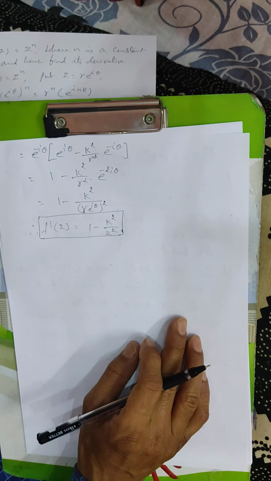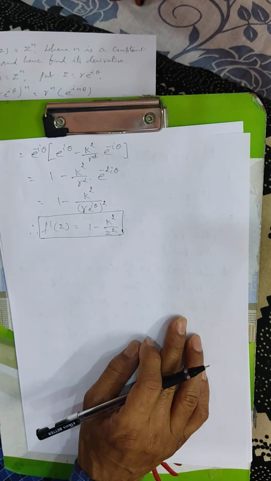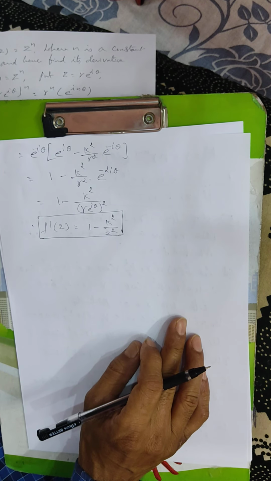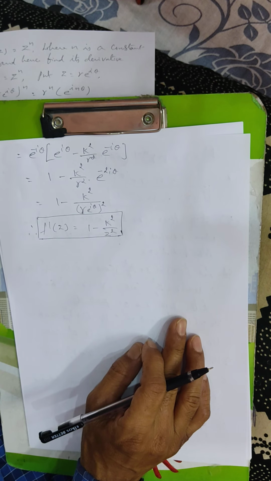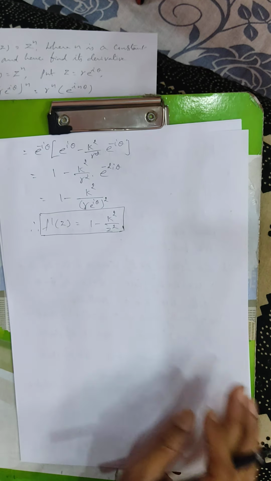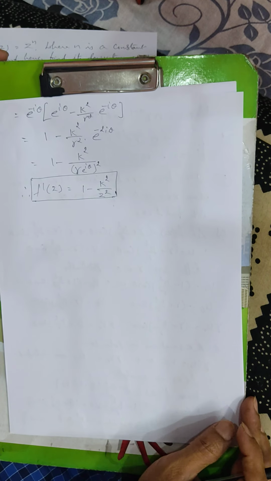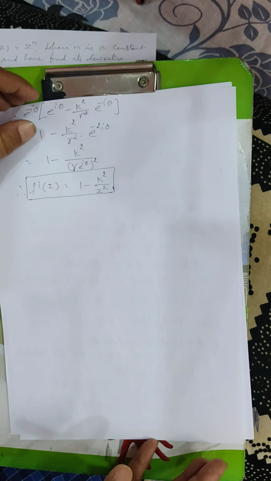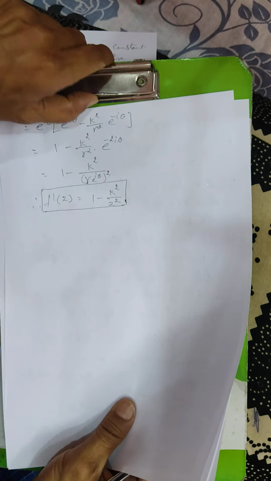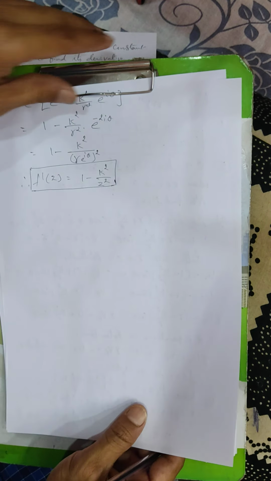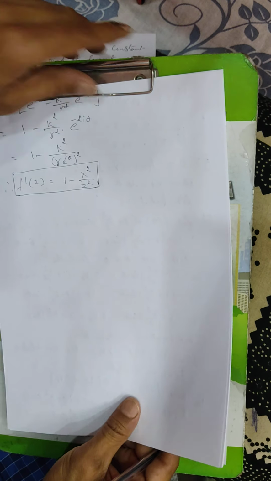And the next type, we have to construct the analytic function by knowing its real or imaginary part by the Milne-Thomson method. So first let us discuss the method of how to construct the analytic function, and then solve the problems.